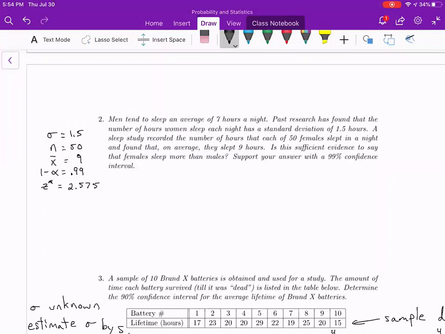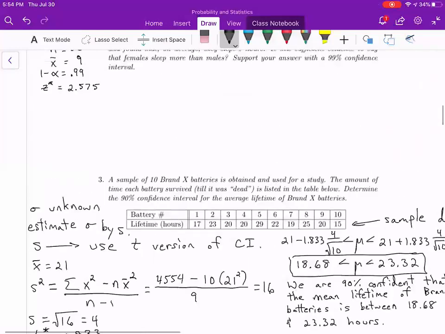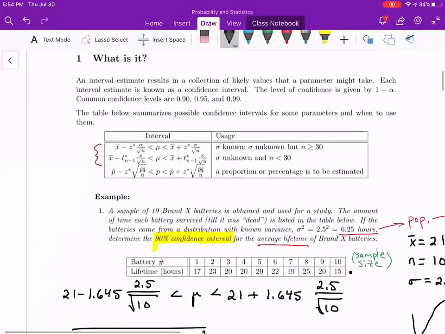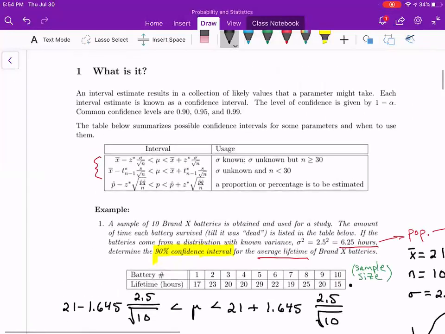Could I ask a quick question? Sure. So in the table, it was negative, but are we ignoring it because it's symmetric? Yes, you could think of it that way, but I'm also ignoring it because if you look at the formula, one is negated and one's positive. If you use negative 2.575, you're still going to get the same values.